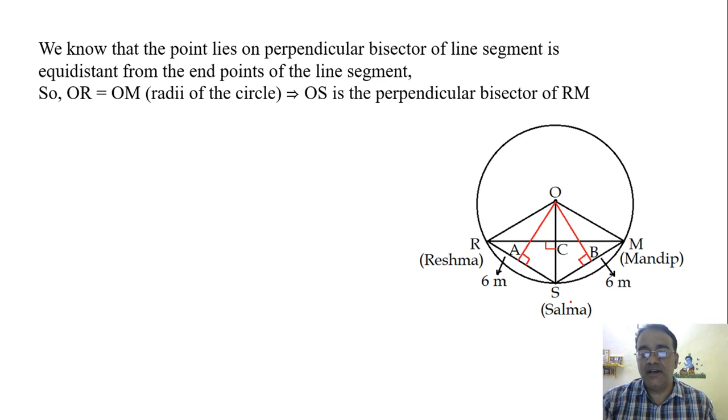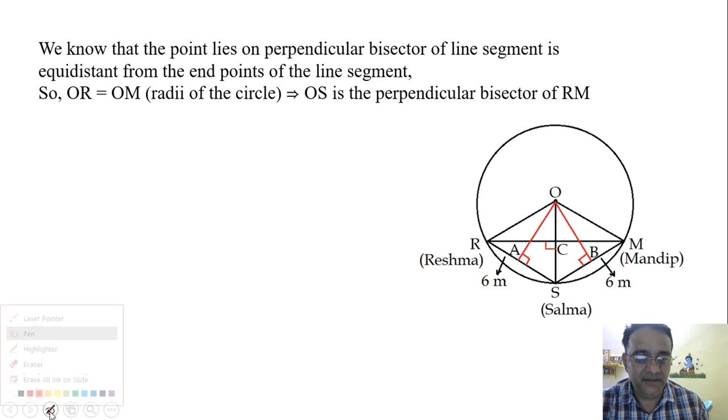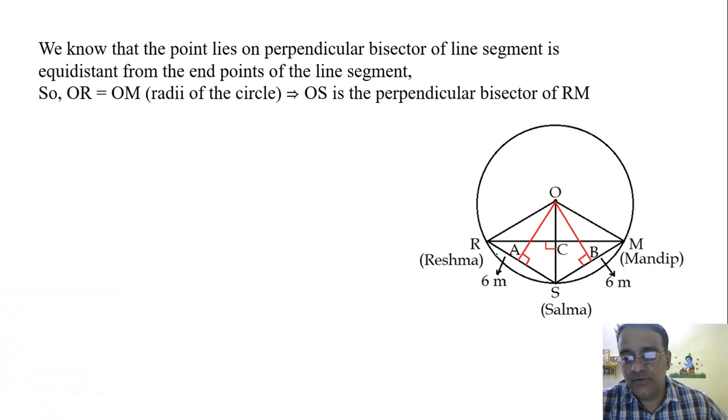We can take RS as the base, or we can find the area of the same triangle by taking OS as the base. So if you take the base RS, what is the area of triangle ORS? Height will be OA.